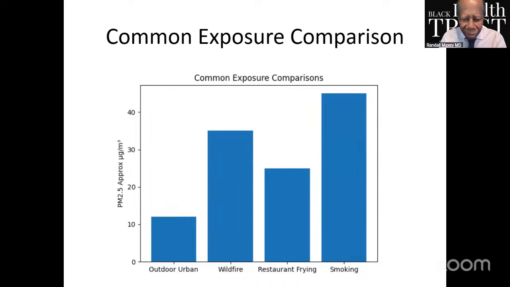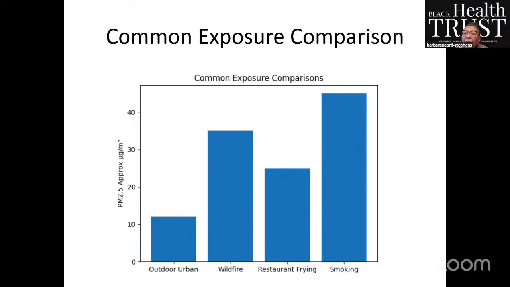You want to talk about this, Dr. Barbara Neighbor-Stevens? Thank you. This is a common exposure comparison, looking at the relationship of the amount of exposure based on the site of the exposure. So outdoor urban, to my surprise, honestly, I think this might be somewhat dependent, to Dr. Walker's point, on where you are.